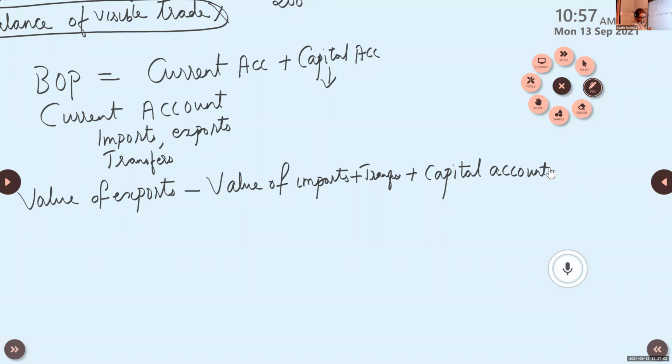Now, what is the value of export given? 450, minus import 150, plus transfers 100, plus capital account, which is given as minus 400.